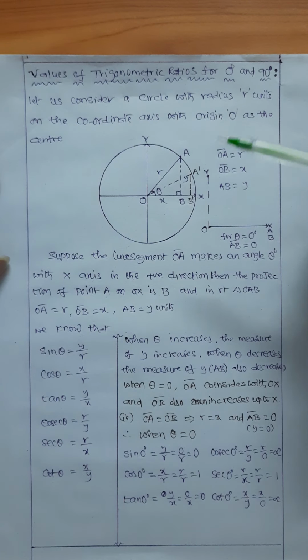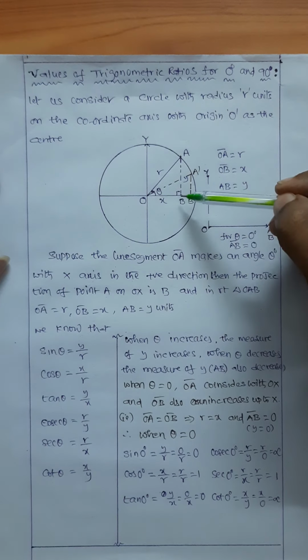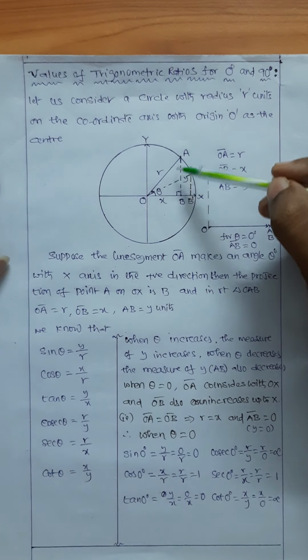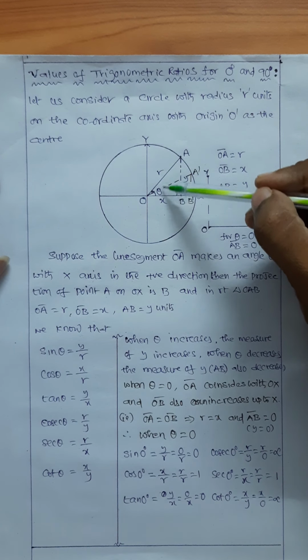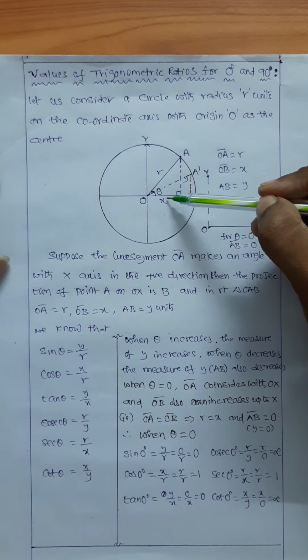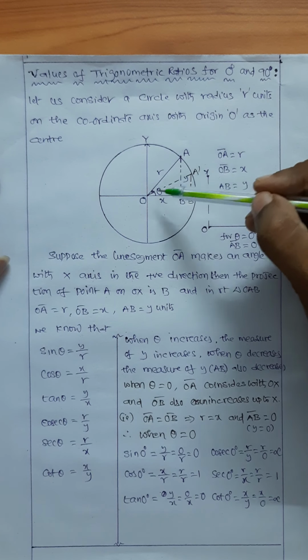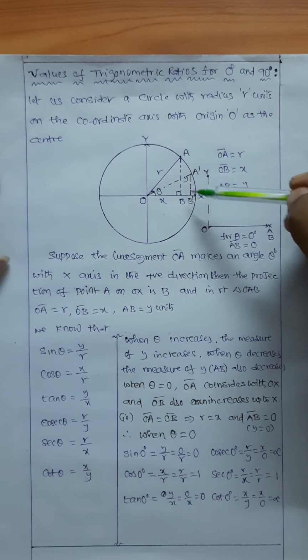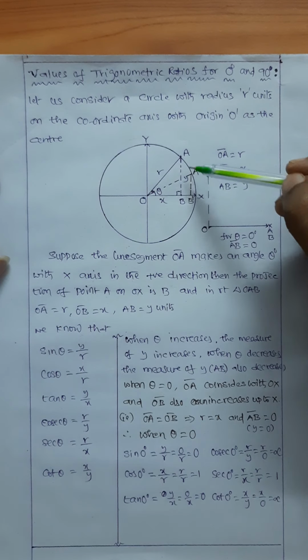what happens? When theta increases, the value of OB decreases, since A moves like this. The value of AB increases and the value of OB decreases. At the same time, if theta is decreasing, then OA approaches OX.